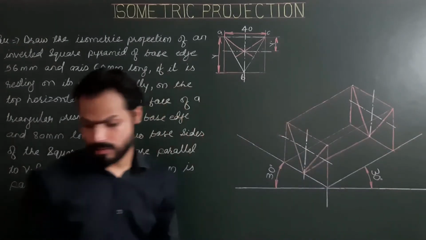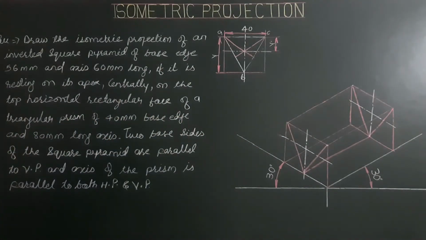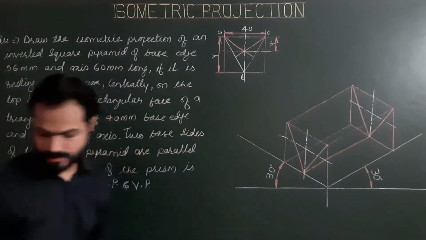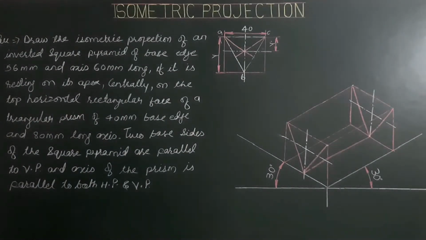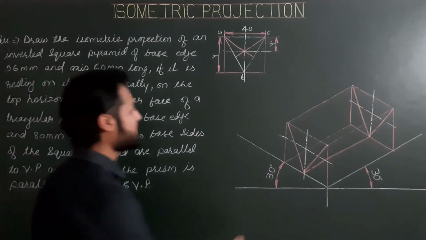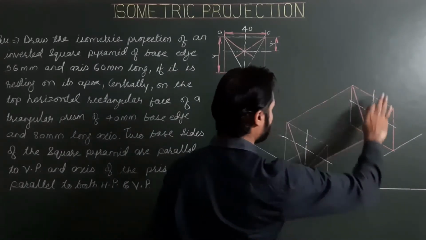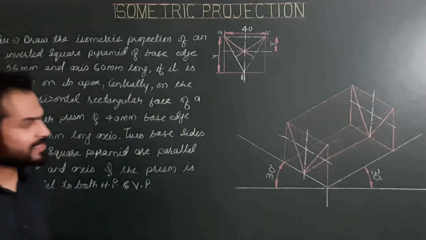Next we are required to mark the point of contact of the pyramid and this rectangular face. So the pyramid is resting on its apex on the upper top rectangular face of the prism, and centrally.